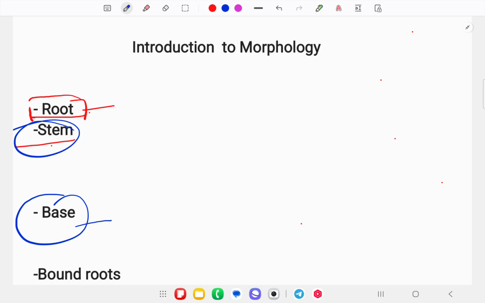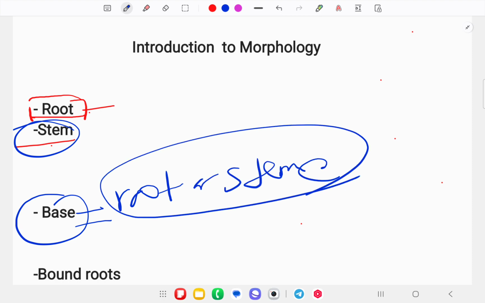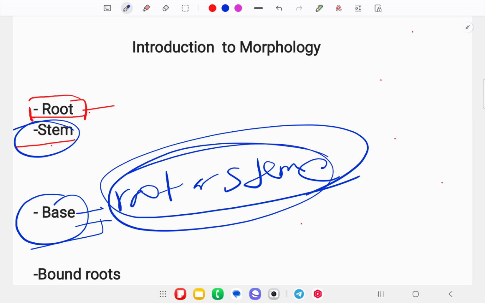Any root or stem where affixes are attached is known as the base form.